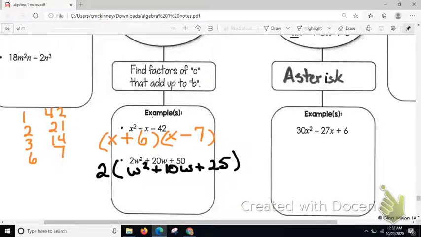Now we're going to factor that. All right, we don't need to try to do too much at once. Writing that down so you can see, I need two things that multiply to be 25 and add up to be 10. So the 2 is still out here.